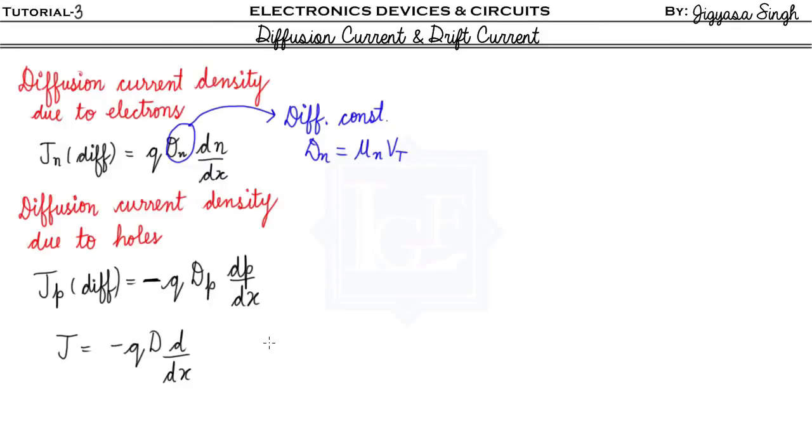Then for the n type, if I'm considering n, for this Jn, I'll write minus. Then what is the charge on the electron? It will be minus q, and then simply the same expression that we wrote above. So this makes the final expression positive, right?